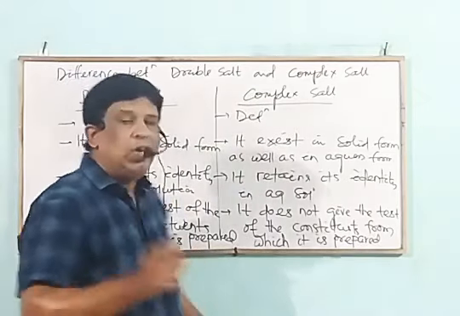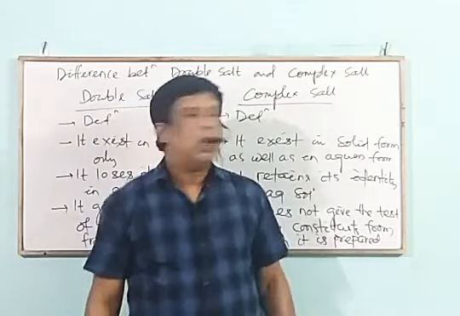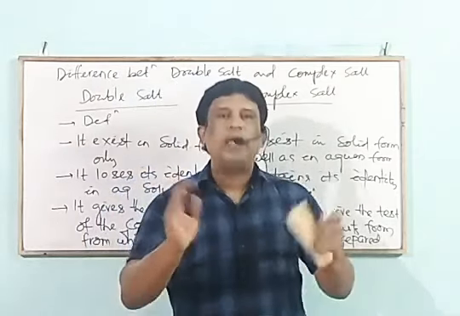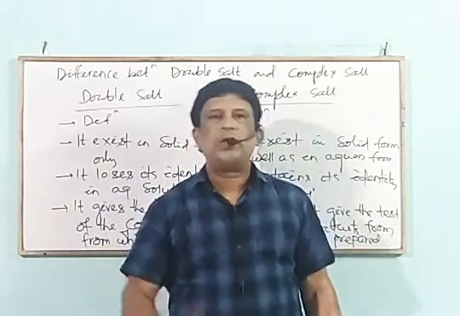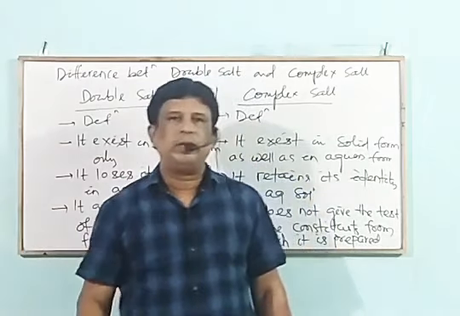Next, double salt contains the ionic bond. But in complex salt, in the complex part, there is no ionic bond, rather there is a coordinate covalent bond.